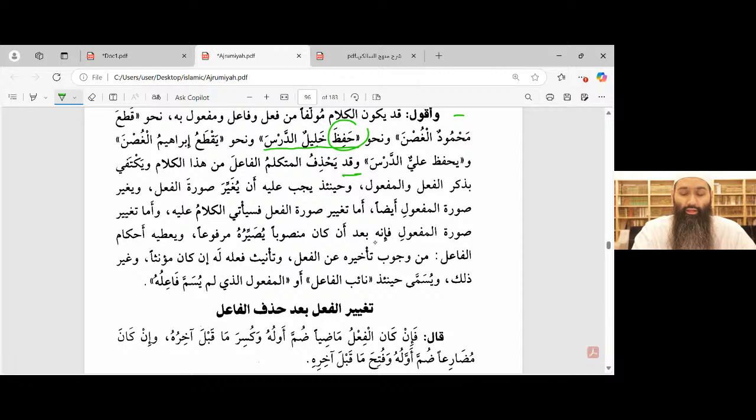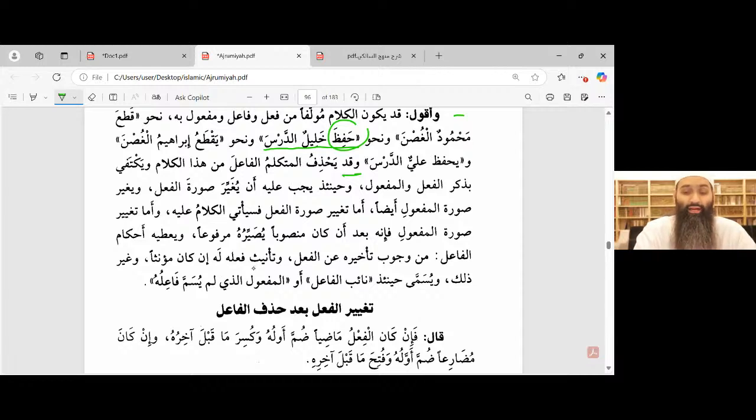After it was mansub, it now becomes marfu'. ويعطيه أحكام الفاعل, and he gives it the ahkam, the rulings of a fa'il. For example, من وجوب تأخيره بعد الفعل, it must be mentioned after the fi'l.